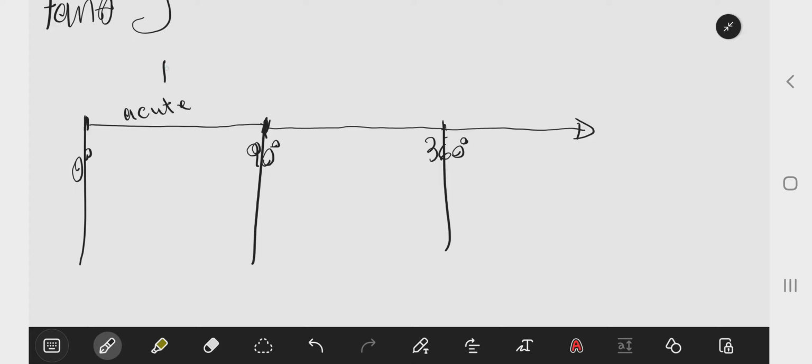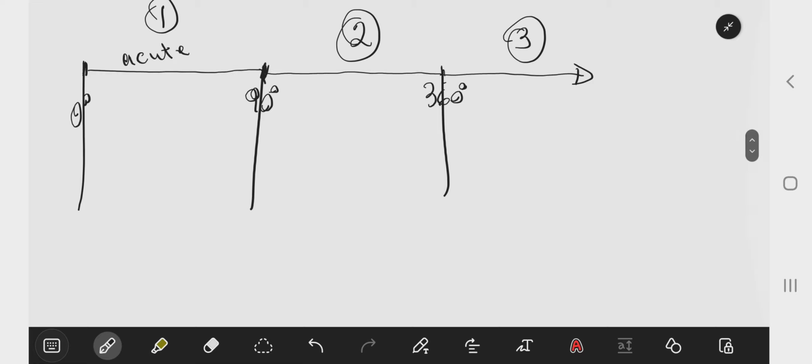I have region number 1, whereby I have an acute angle, and this is where I want my theta to be. And I have region number 2, which is from 90 to 360, and then I have region number 3, which is 360 degrees and above, okay?